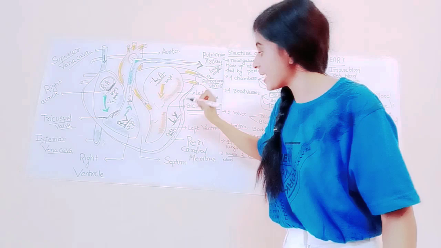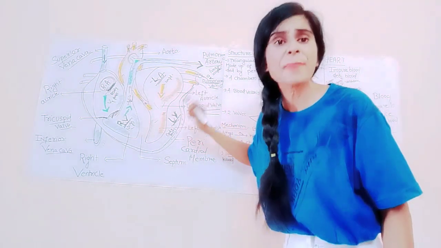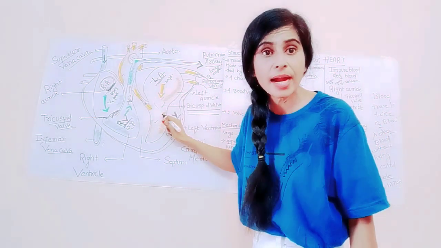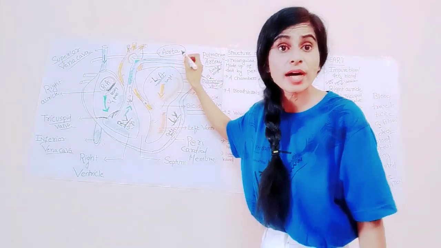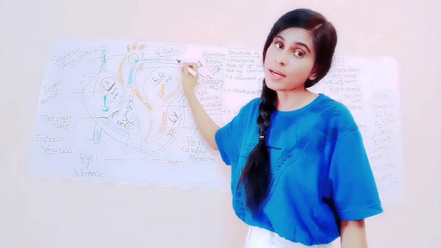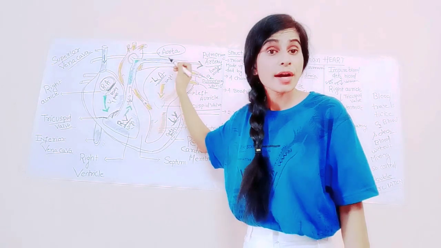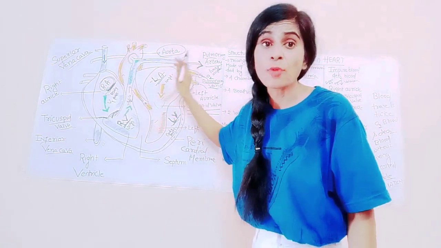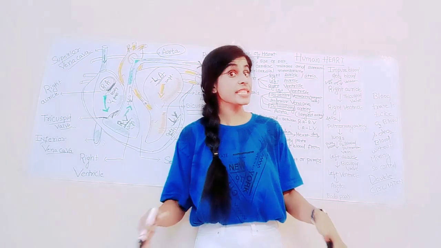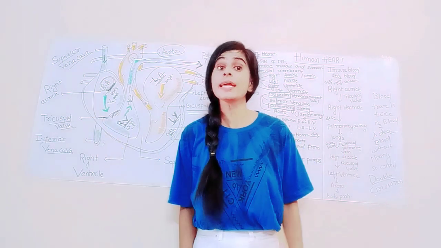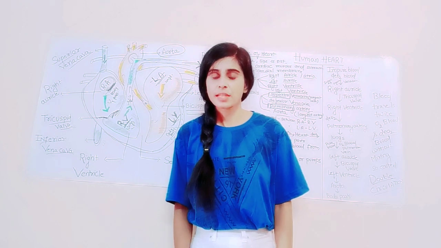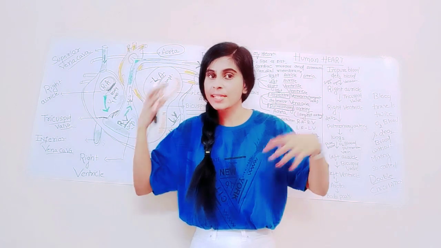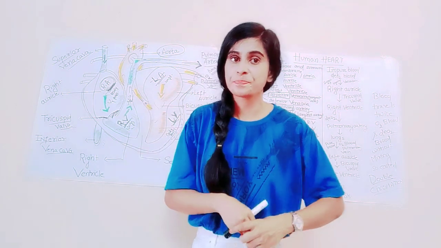And the left ventricle will pump this pure blood through aorta, the largest artery, to various body parts, and hence our body receives oxygenated blood, guys. Understood? Yes or no? I think you are understanding what I am speaking here.